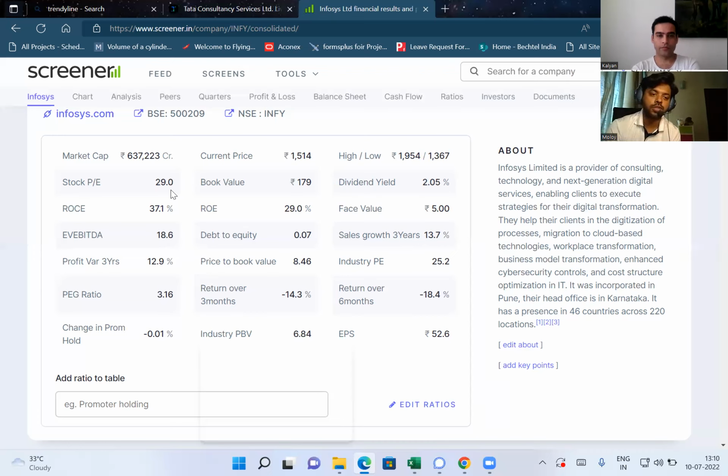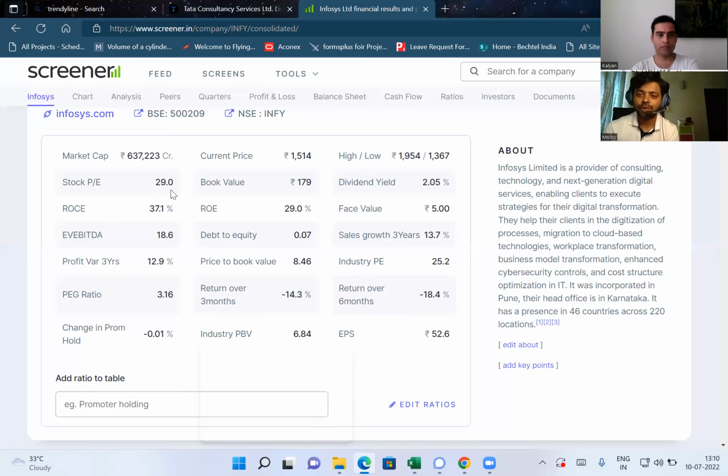Another important term is the change in promoter holding. Here you see that these data are updated on a quarterly basis. On every quarter, we see if the promoters are adding more, because they are running the business. They would know way better what is actually happening in the company.